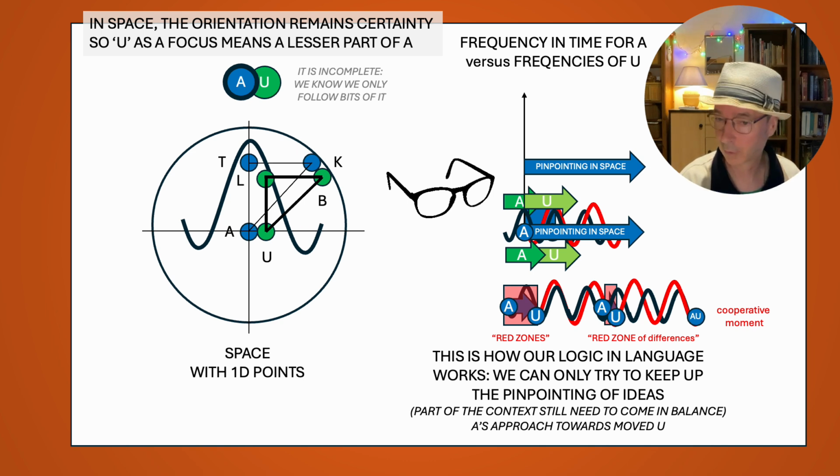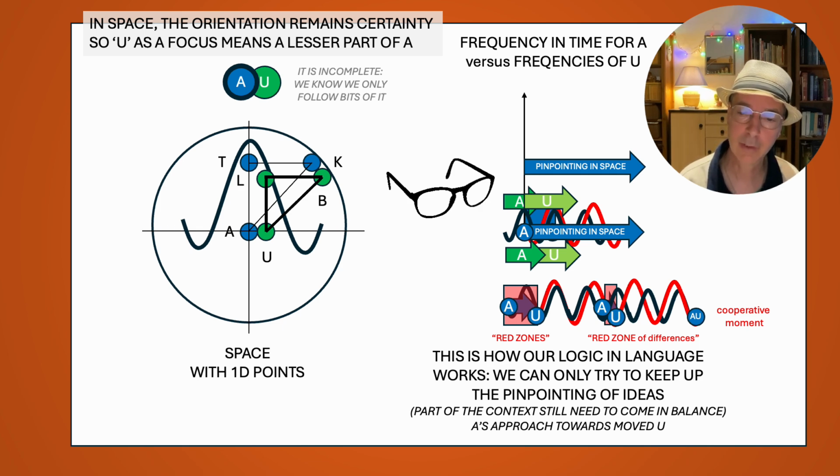And they are, of course, in our communication, the red zones where it's farther away, and smaller red zones where the differences are less, and the cooperative moments where the rhythms match very well, and that's of course the A plus U together, as AU can also be used for the cooperative moments when they really match well.